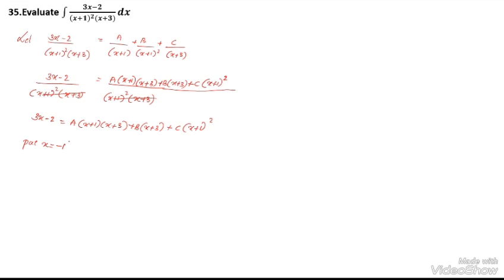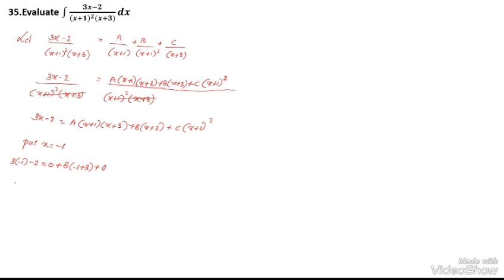Putting x equals minus 1, that is 3 into minus 1 minus 2 is equal to, here the whole a term becomes 0, b into (minus 1 plus 3), and the c term also becomes 0.